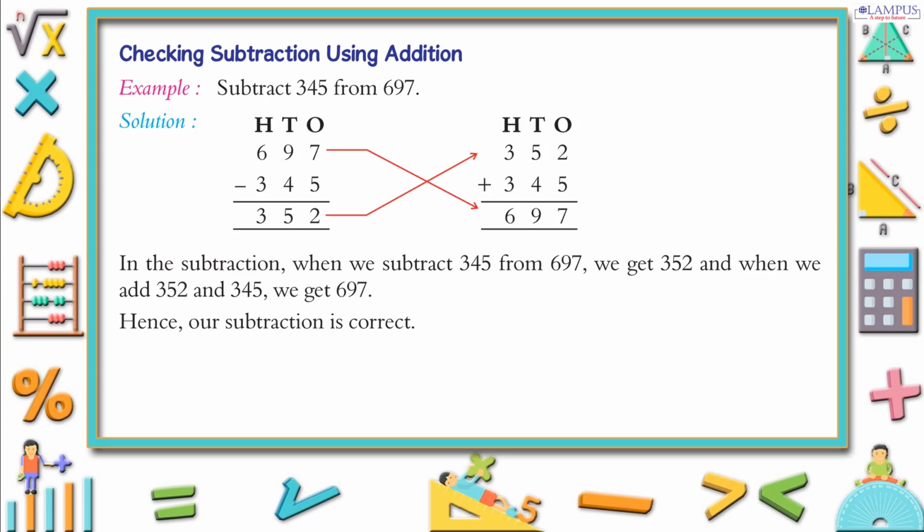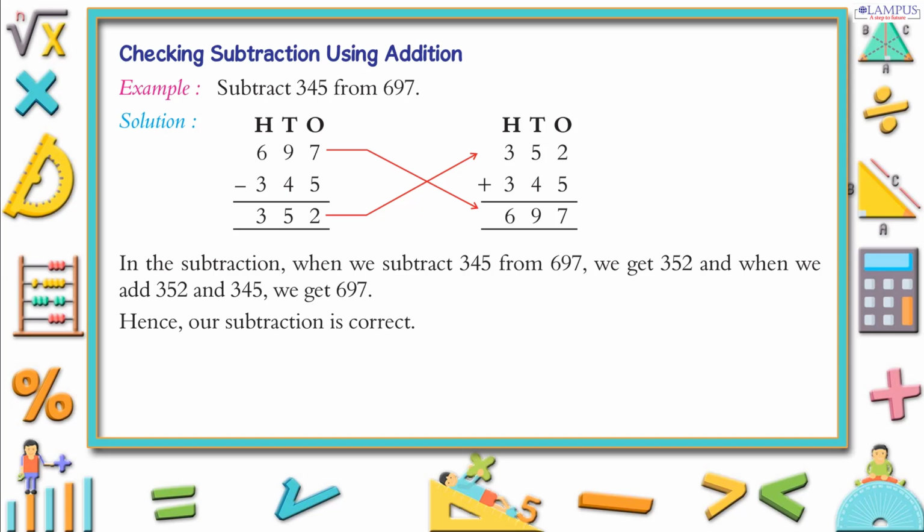Checking subtraction using addition. Example: subtract 345 from 697. Solution: 697 minus 345 equals 352. 352 plus 345 equals 697.